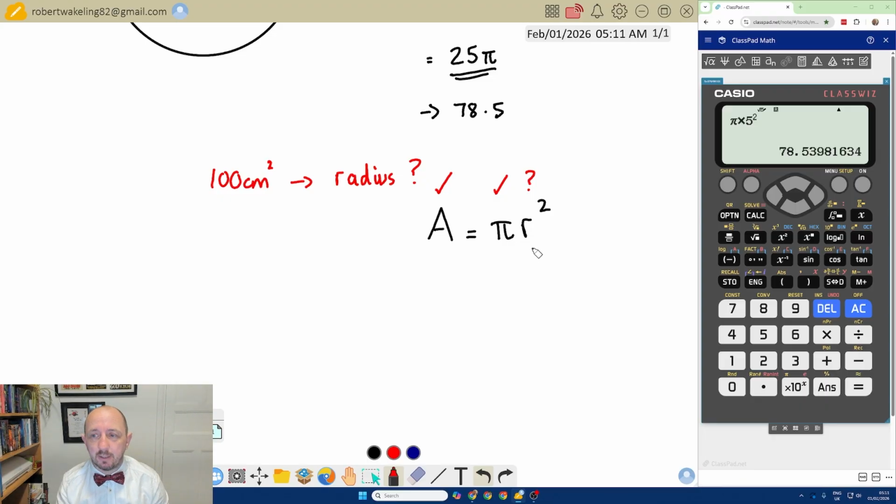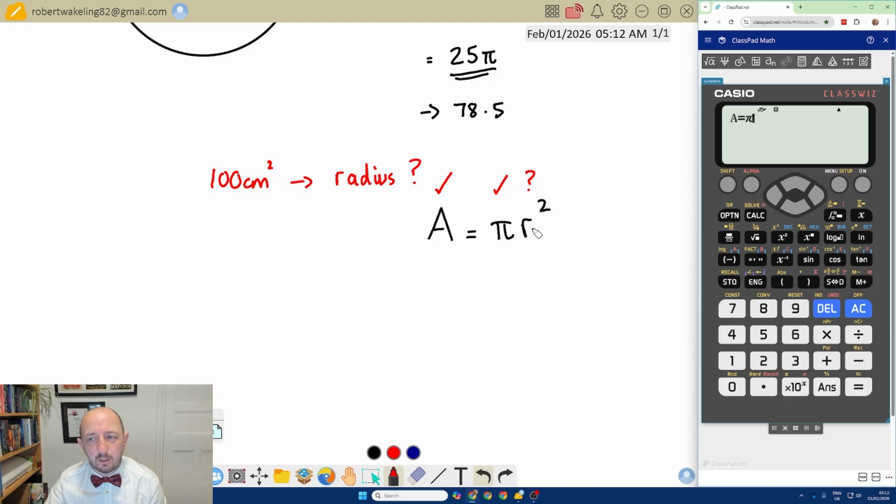Okay, but what's good about this calculator and why I recommend it so highly is that we can actually type this formula into our calculator, and the calculator will give us our answer for us, which will help us with our rearrangements. And we can use that for physics and the other sciences as well.